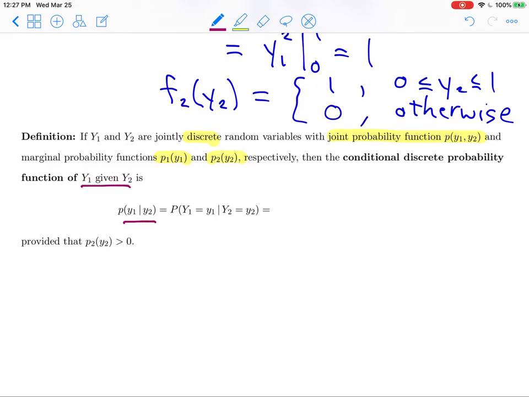Probability of y1 given y2. And so that is the probability that y1 equals little y1 given that y2 equals little y2.